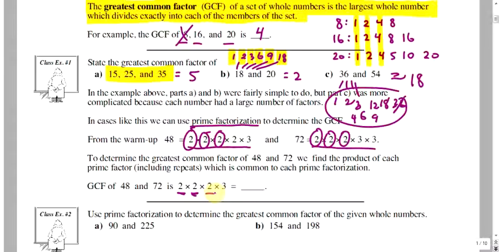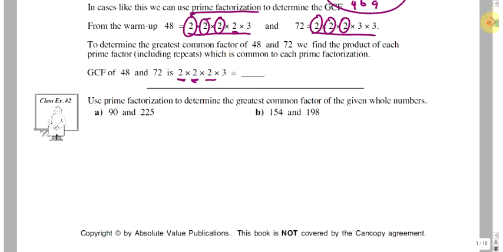Yes, I do. Do I have a fourth 2? No, I don't. Okay, but do I have a 3? Yes, I do. And I'm done. That's all the numbers that are common in both groups. My greatest common factor is 2 times 2 is 4, times 2 is 8, times 3 is 24.